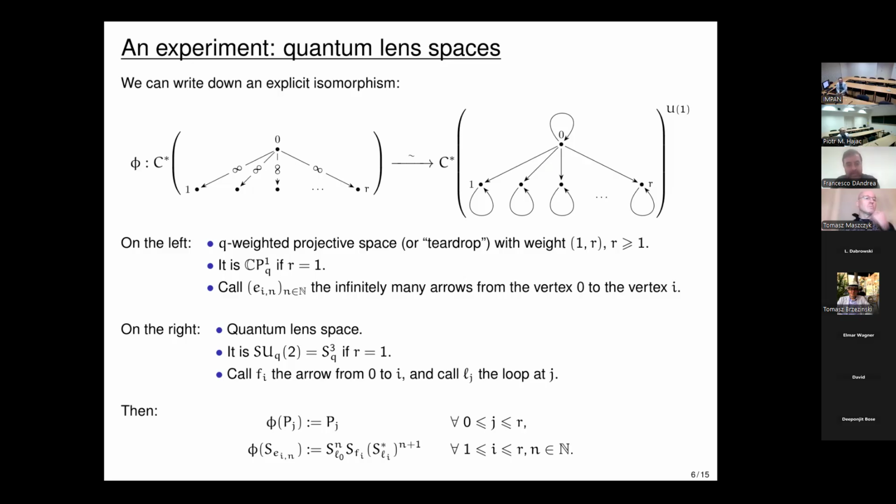Well, I don't remember for CP1, but for quantum lens spaces, this is very similar to a formula in the paper of Brzeziński and Szymański. In the proof of a theorem, they have a formula where they construct an embedding. It's not exactly this, but from their formula you can get this with some work.